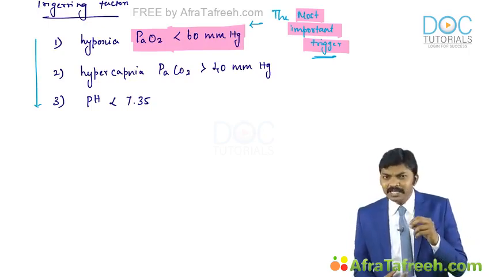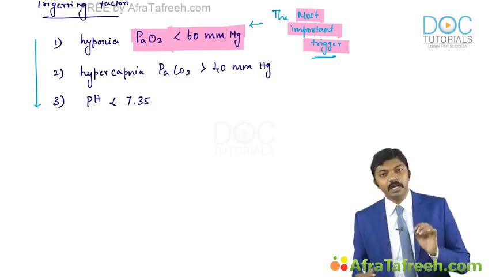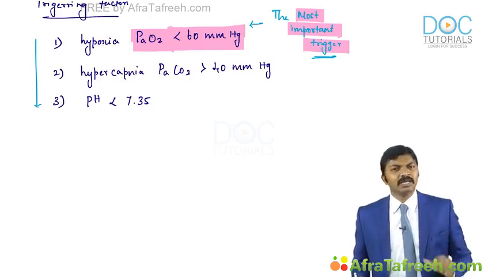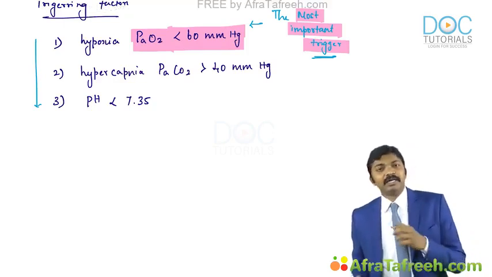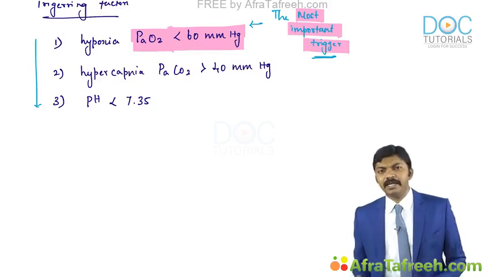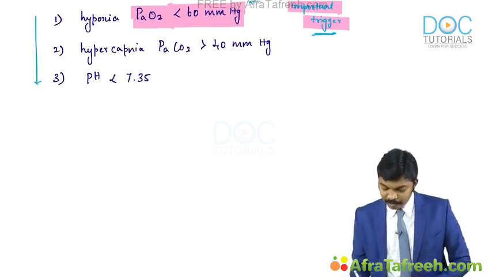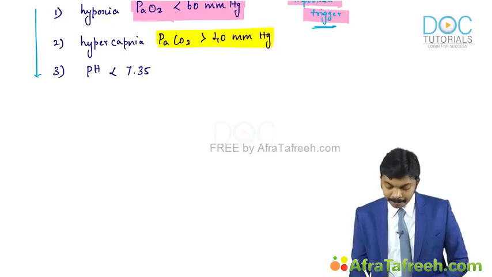So even a little change in the partial pressure of carbon dioxide will elicit an excitatory response from chemoreceptors. So naturally it appears that carbon dioxide has a better excitatory role, isn't it, doctors? But here you have to be very careful.